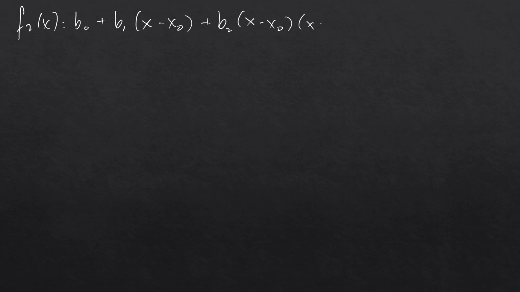Let us rewrite our quadratic interpolating polynomial f2 of x equal to b0 plus b1 times x minus x0 plus b2 times x minus x0 times x minus x1. Okay, so we need to solve for the values of b0, b1, and b2.